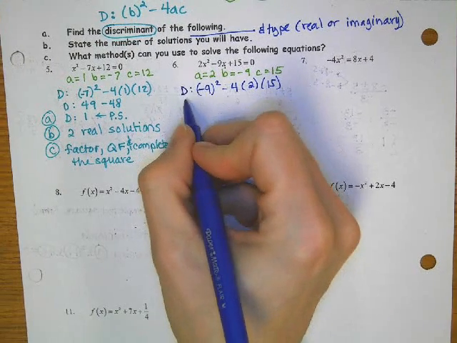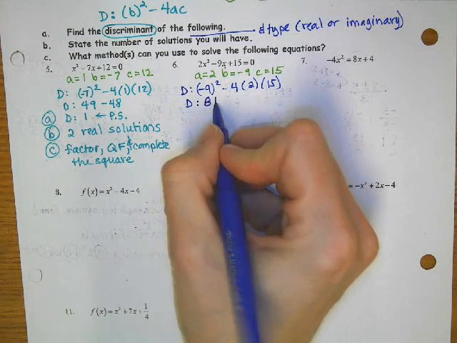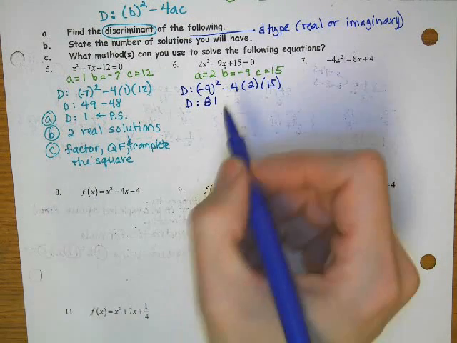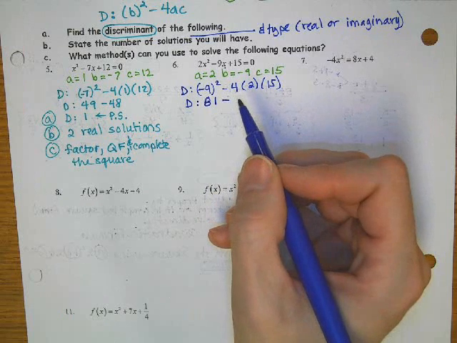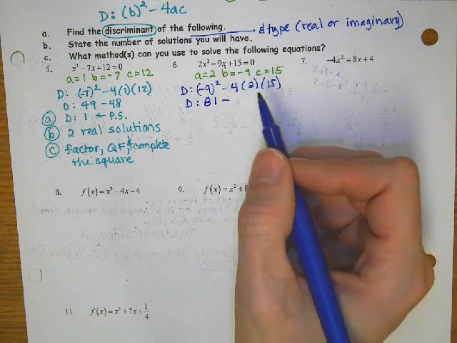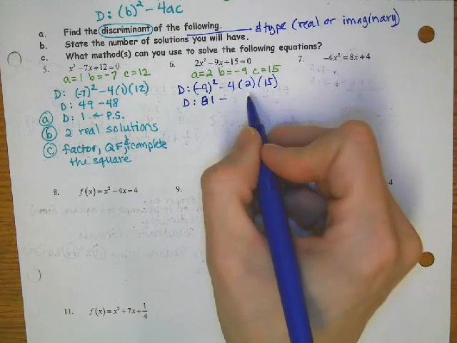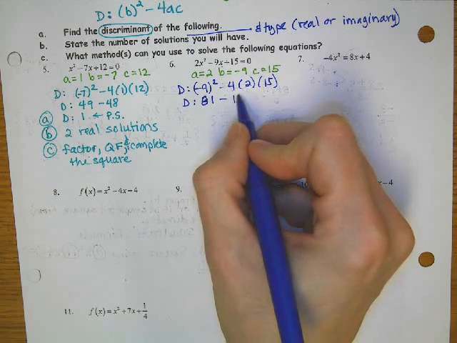So our discriminant has a value of 81 minus 8 times 15, which would be 120.